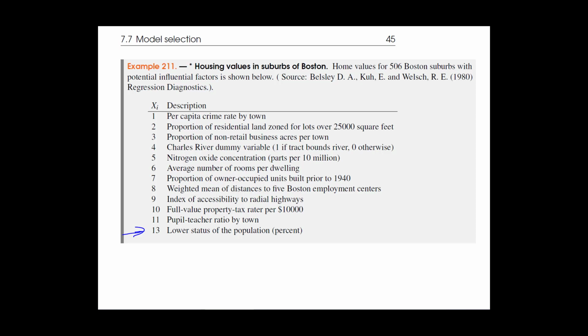So pupil-teacher ratio. You want that number to be large, right? That means it's a good school. You have fewer students per teacher. So you would think that the higher the pupil-teacher ratio in a town, the house price would be higher because you have better schools surrounding.